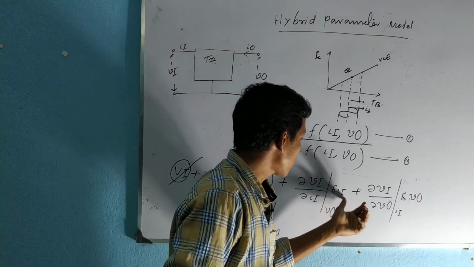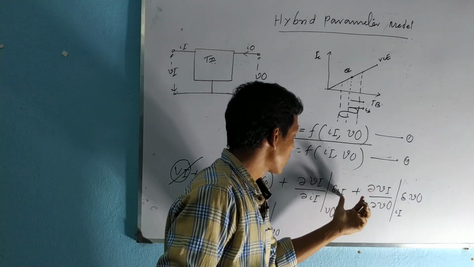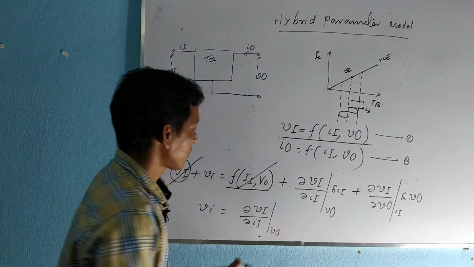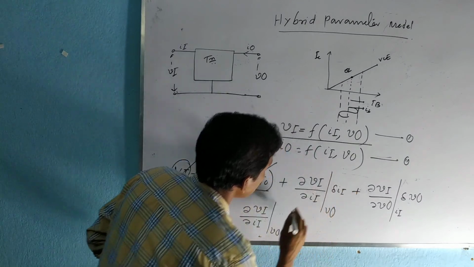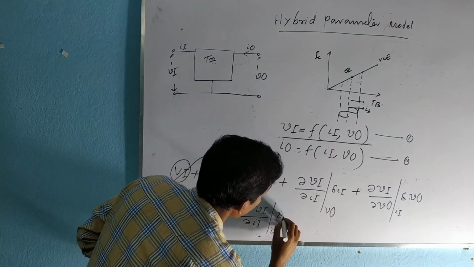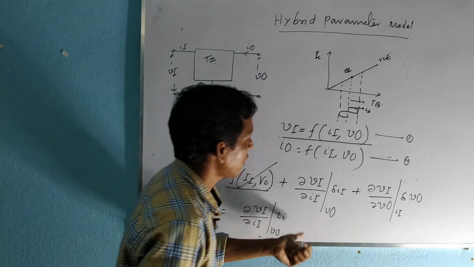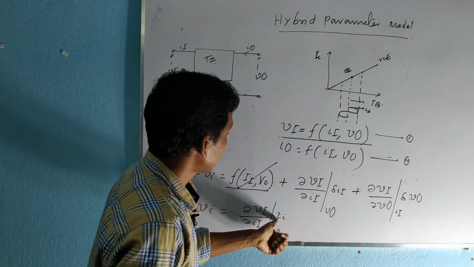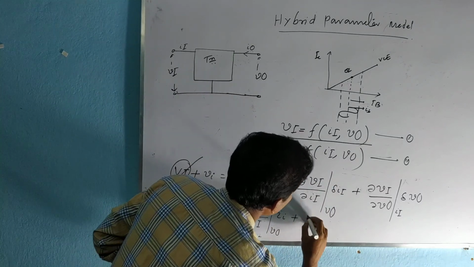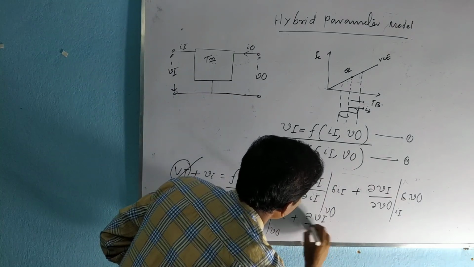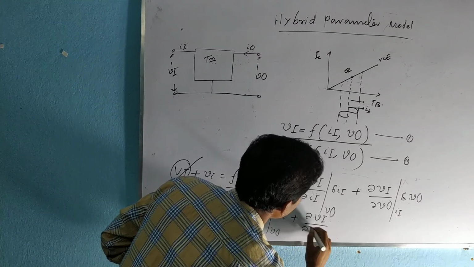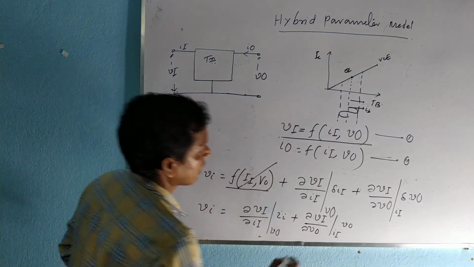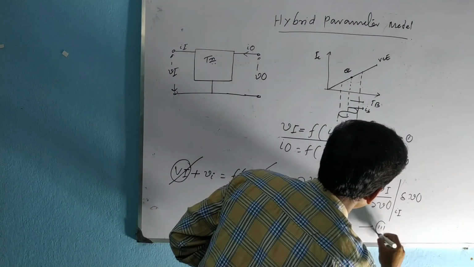So the change in the total instantaneous value can be considered as just the instantaneous value of the AC current, because it is very, very much smaller than the DC value. So the change in instantaneous value can be written as just the AC value, and similarly delta Vi by delta Vo. Okay, so this is equation number 3.